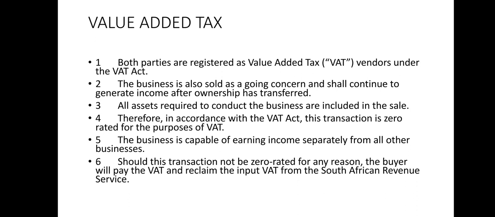And importantly, all assets required to conduct the business are included in the sale. And once again, this business is capable of earning income separate from all other businesses. The purchaser and seller agree that should this transaction not be zero-rated for any reason, the buyer will pay the VAT and reclaim the input VAT from SARS.